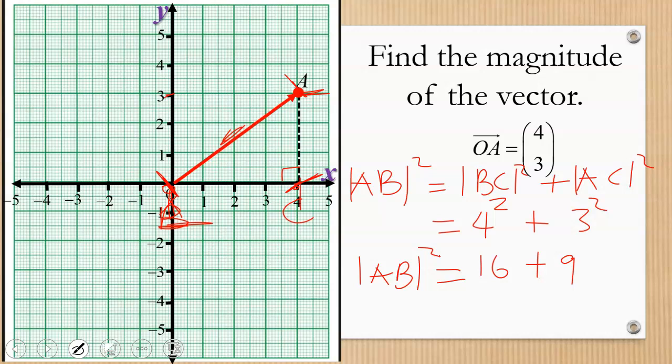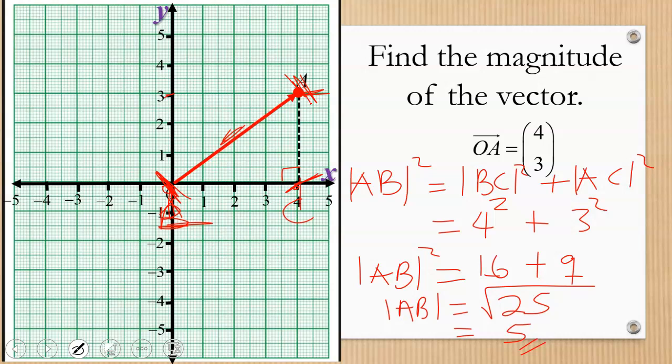Now for us to find AB, we need to take the square root of both sides. And when we add this and this, that is 25, right? And so the root of 25 will be 5. That makes the distance 5 centimeters. And so when we measure the distance from here to here, it's 5 centimeters.